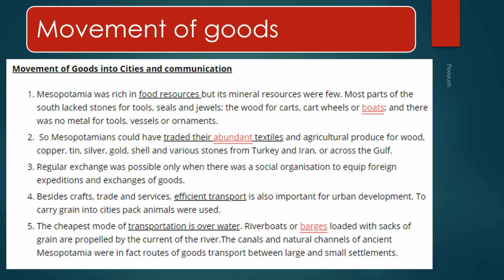So Mesopotamians could have traded their abundant textiles. As the textile industry is an agro-based industry, meaning an agriculture-based industry, they traded their abundant textiles and agricultural produce for wood, copper, tin, silver, gold, shell, and various stones from Turkey and Iran or across the Gulf.